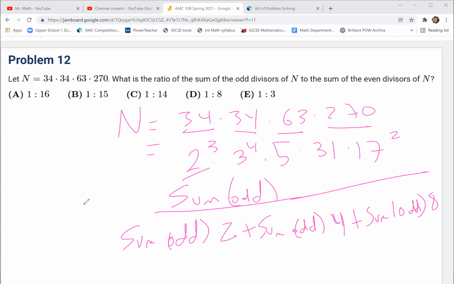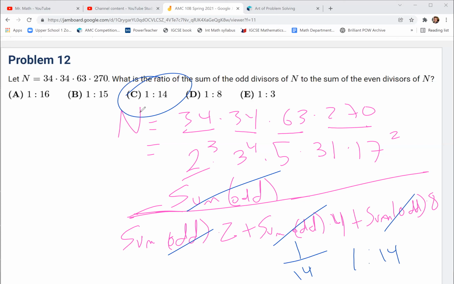So it turns out we don't need to actually find the odd sum. All we need to know is that to get the even sum, we just multiply by 2 plus 4 plus 8, right? And 2 plus 4 plus 8 is 14. So when the odd sum divides out, we're just left with 1 over 14, or a ratio of 1 to 14. So the answer is C.